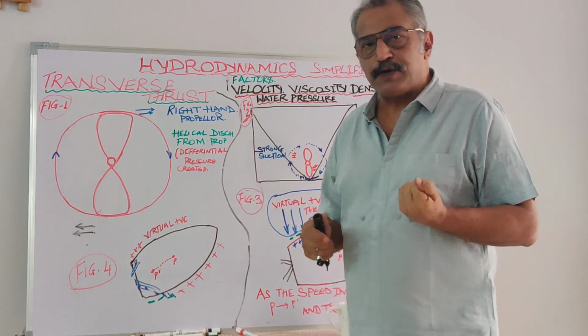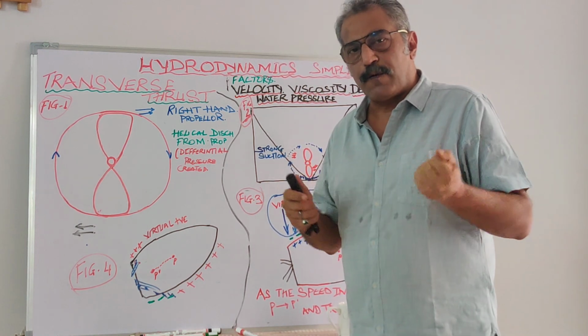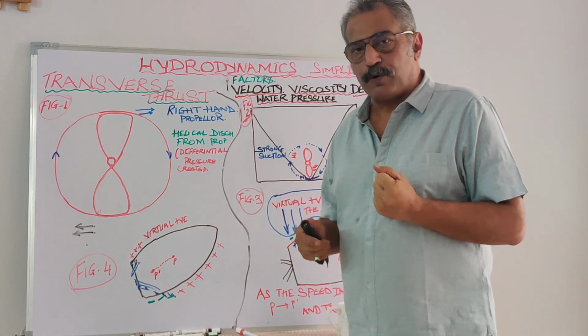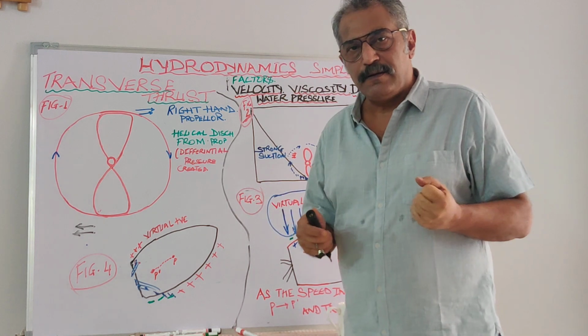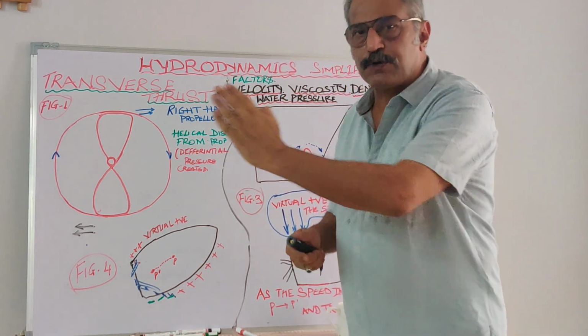But when the speed reduces, this effect can be seen. The transverse thrust for a vessel with a right hand screw going ahead: the bow cants to port. At a higher speed, this effect nullifies because of the thrust going ahead.